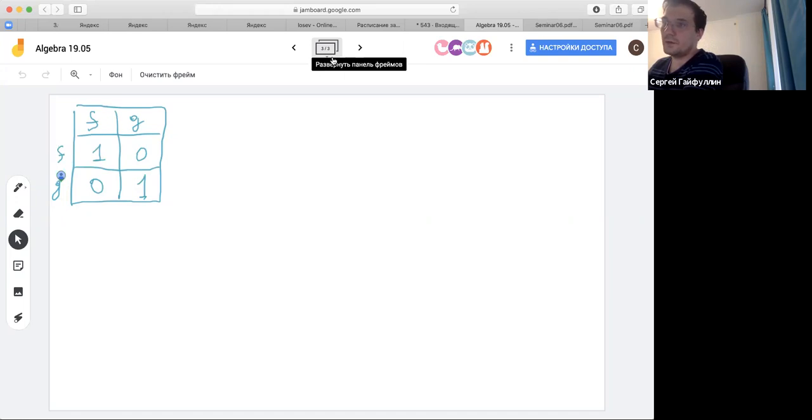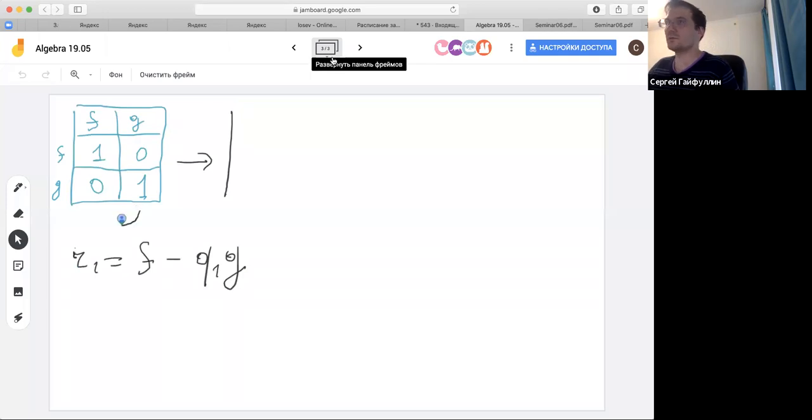Then I proceed with some combinations of columns. First of all, I need to do this, that r1 equals F minus q1 multiplied by G. So I want to add the second column to the first column with coefficient minus q1.